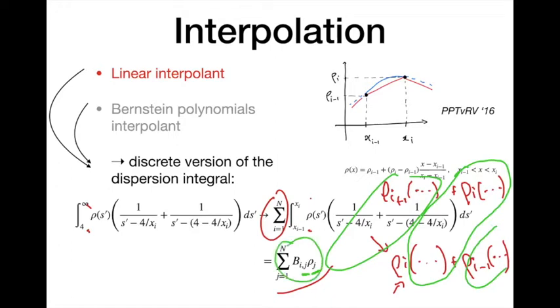So you construct this matrix B here, which gives you the exact dispersion integral on the red curve here. So it's the exact dispersion integral on the approximate function. That was important for us, to be able to compute this in advance, because then you don't have to compute the dispersion integral at every step and you're just multiplying matrices. You can be really fast.